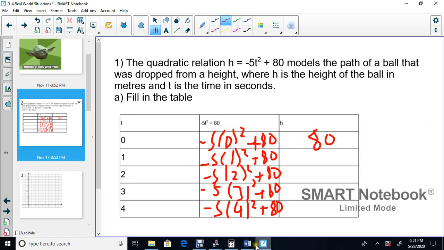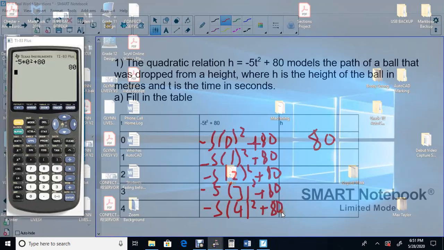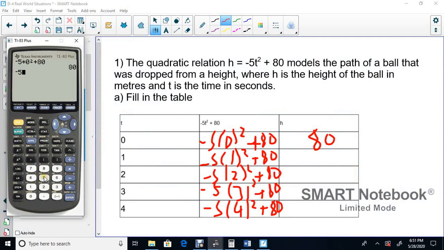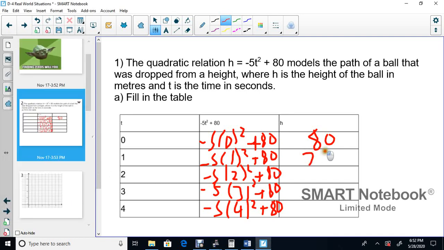Next, let's go to the calculator there. I'll use that same calculator. So you get negative 5 times 1 squared plus 80. Not 81, but 80. 75. So we're down to 75.